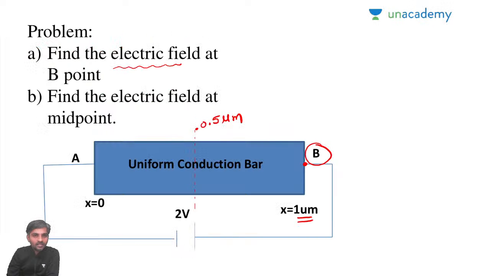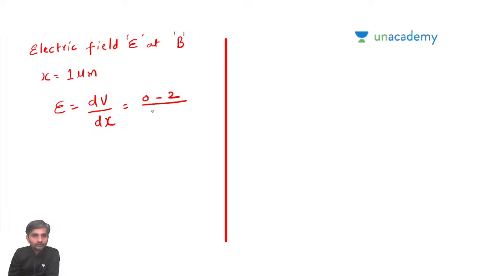The distance is 1 micrometer. So the electric field E at point B is going to be 2 by 1 micrometer.